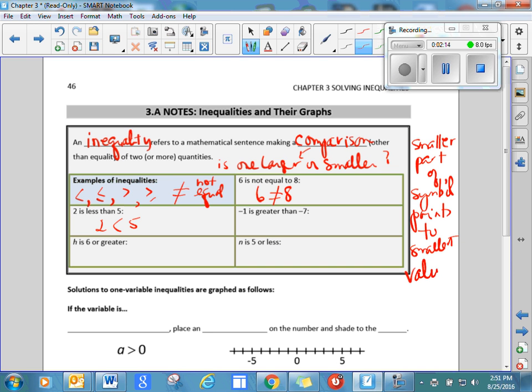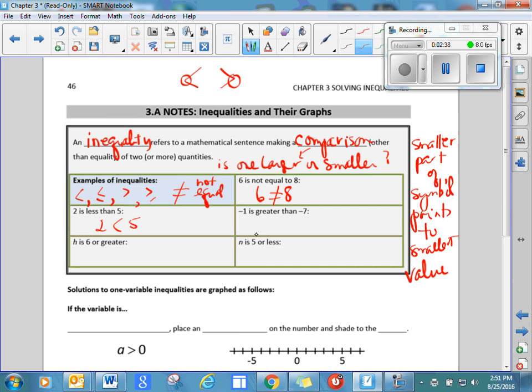So I don't know if you remember the alligator stuff. I don't know if you used that or not. But if you look at an inequality symbol, this is the smallest part of the symbol. It is pointing to the smallest value. If the symbol goes this way, this is pointing to the smallest value.